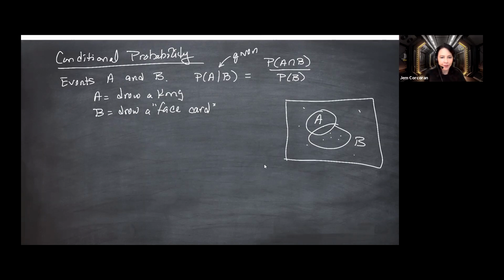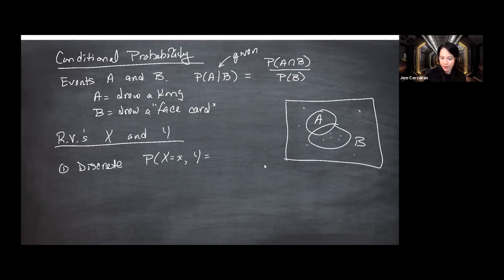Let's do it. So if we have random variables X and Y, let's suppose that they are discrete, just to start. Then we write the probability that X equals x and Y equals y with a comma, right? That usually means and. I mean, it always means and.